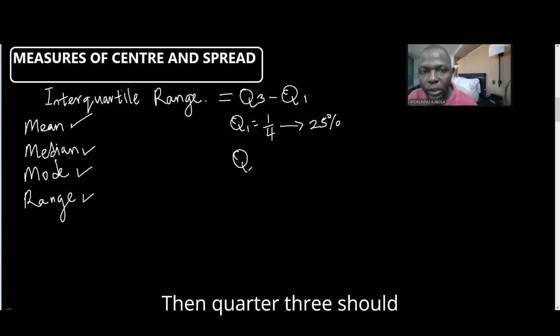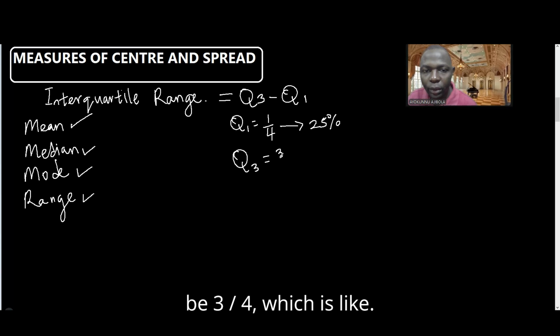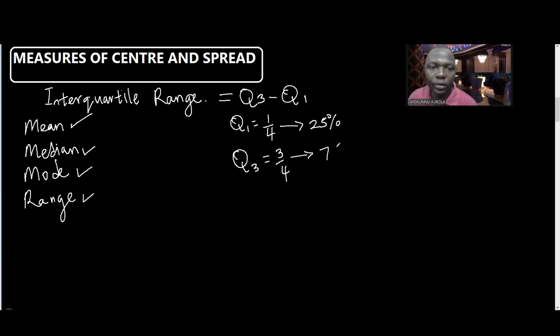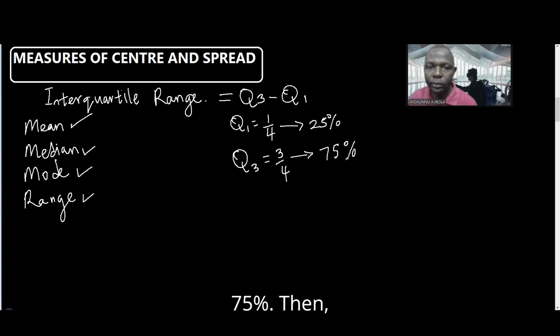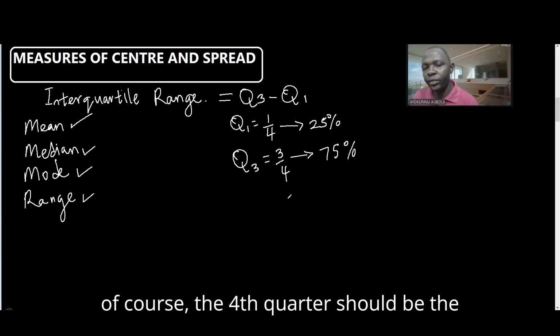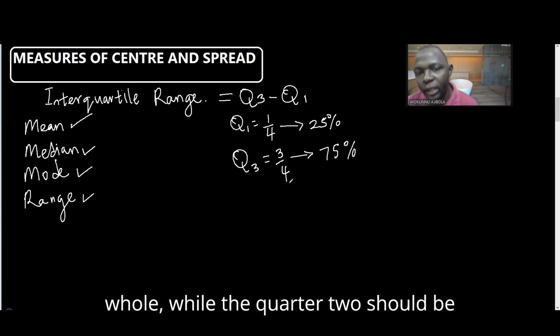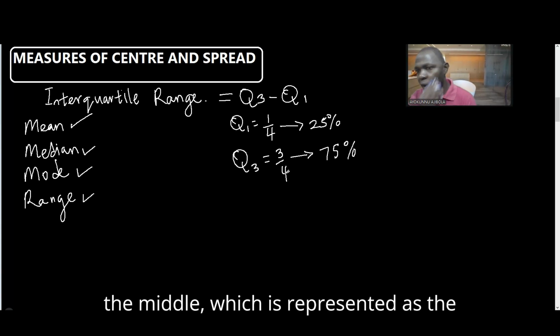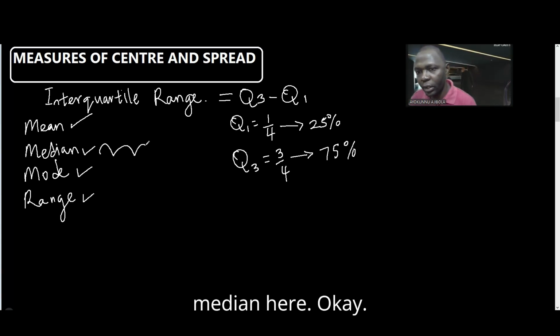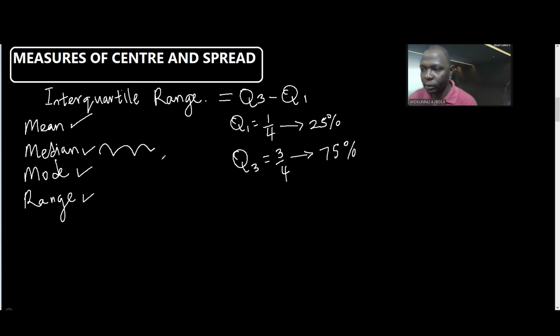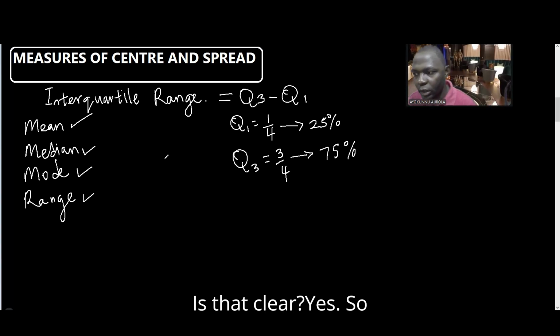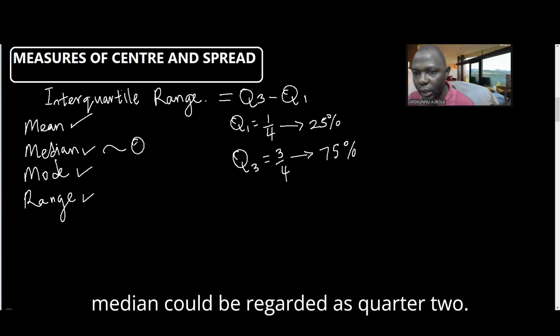Then quarter 3 should be 3/4, which is like 75%. Then, of course, the fourth quarter should be the whole, while quarter two should be the middle, which is represented as the median here. Exactly. So median could be regarded as quarter two.